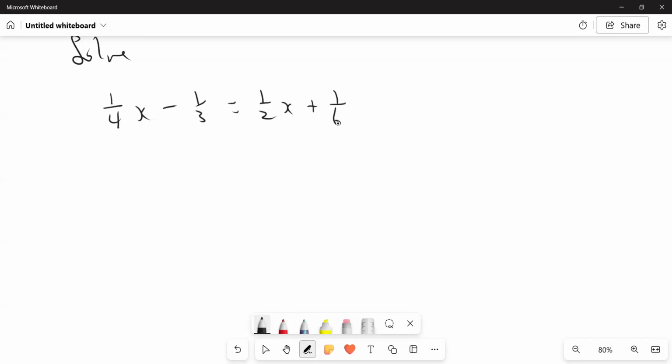So what do we do here? Well, again, I'm saying there are several approaches. This is what some people would do. They would get all the x's together, and then get all the constants on the other side. For me, I'm going to switch to the shortcut here.